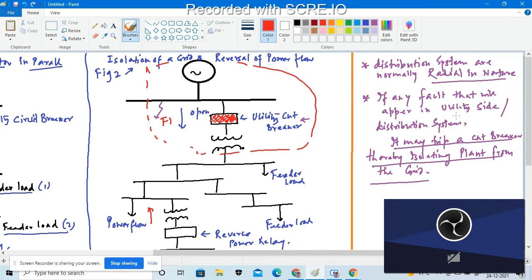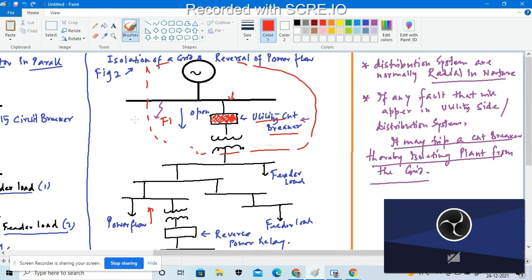If any fault appears in the utility sites or utility distribution system, then due to this fault, the utility circuit breaker which is connected with the grid will trip.